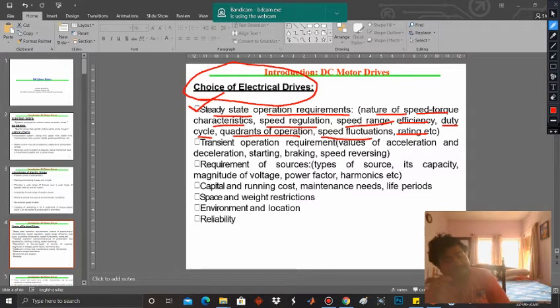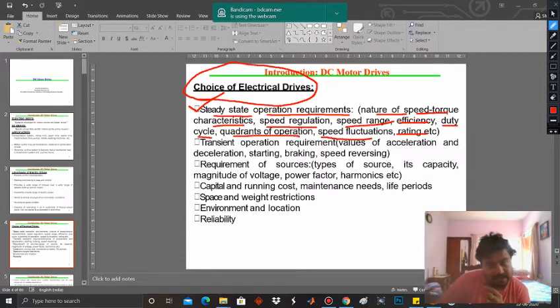Now it may happen that for the next T3 seconds, the torque will be higher than the previous value, and again there will be heating, and for the next T4 seconds it will be again much lower than the previous value, then again the cooling will be rapid. So this is known as the duty, and the duty is very much related to what load profile or what load requirement that motor is subjected to in that particular industry. That is very important.